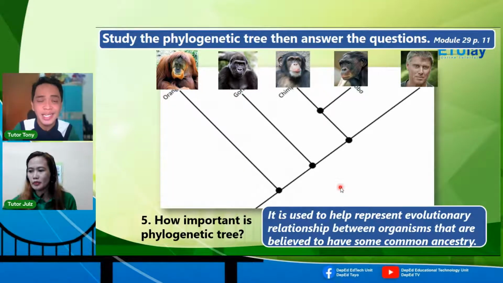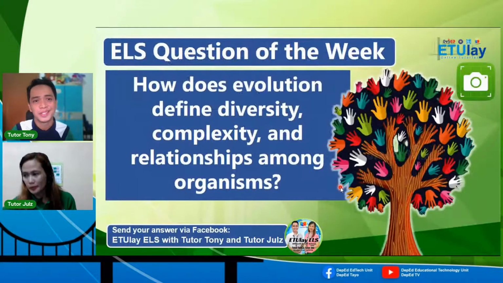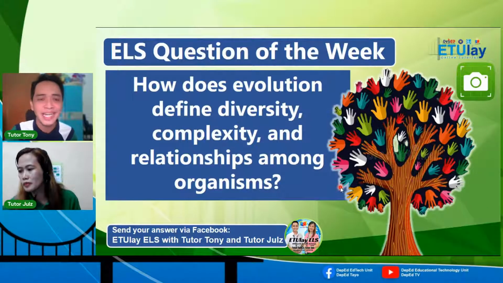At kayo mga ka-ELS, in the future, magiging scientists ang mga iba sa inyo. You will be using this specific types of device or mga techniques na ginagamit ng experts. And baka malay natin, ma-improve nyo pa yung mga particular na devices na ganito, di ba, Tutor Jules? Alright. So I hope nag-guide namin kayo na Tutor Jules dun sa pag-study ng phylogenetic tree.